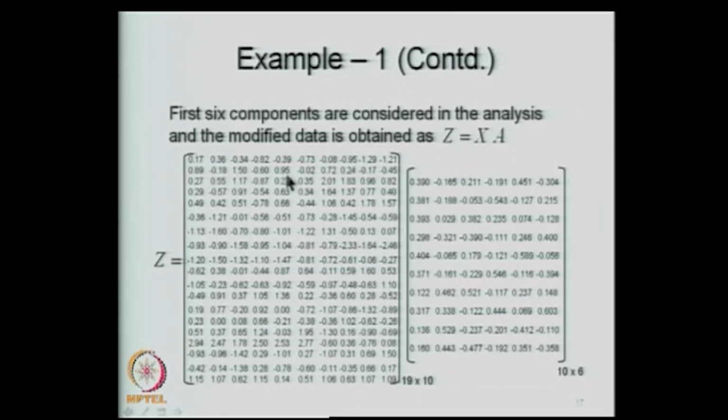So, this is 0.172, minus 1.29. This is your 19 by 10 matrix, and this is 10 by 6. So, we obtain a matrix of 19 by 6 for Z, that will be n by p, and now this p is restricted to 6.